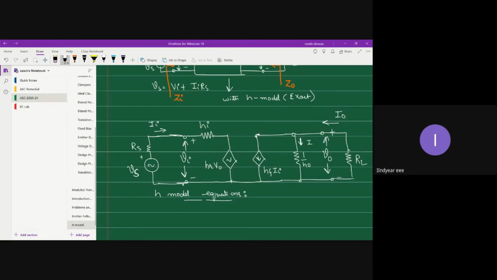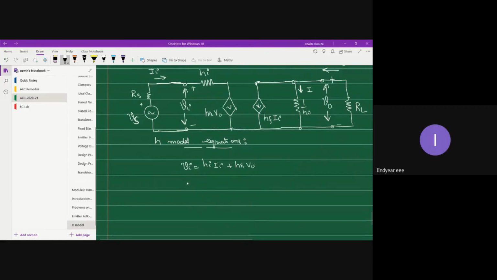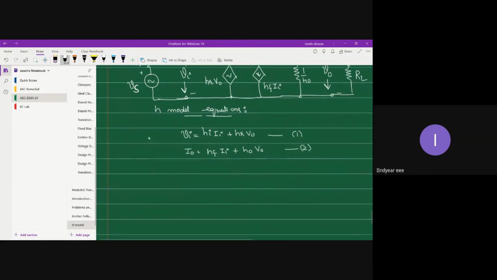So the H model equations are: Vi is equal to Hi Ii plus HR V naught, equation 1. And then we have I naught, which is HF Ii plus H naught into V naught, equation 2. So first, let us find the current gain.